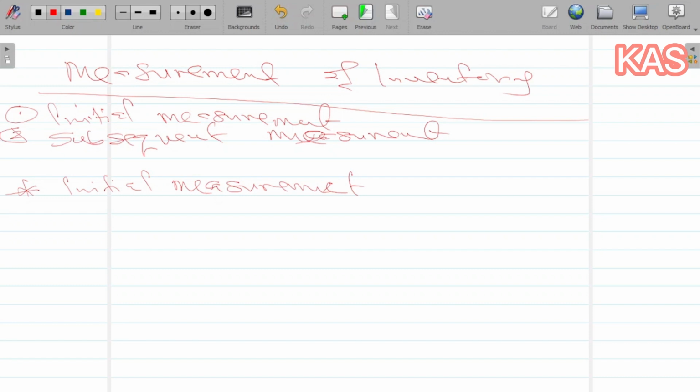But at the initial measurement, that is where you will recognize your inventory in your books. So as I said, at the initial stage, you are going to use cost to recognize your inventory. Then the second, that is the subsequent measurement.